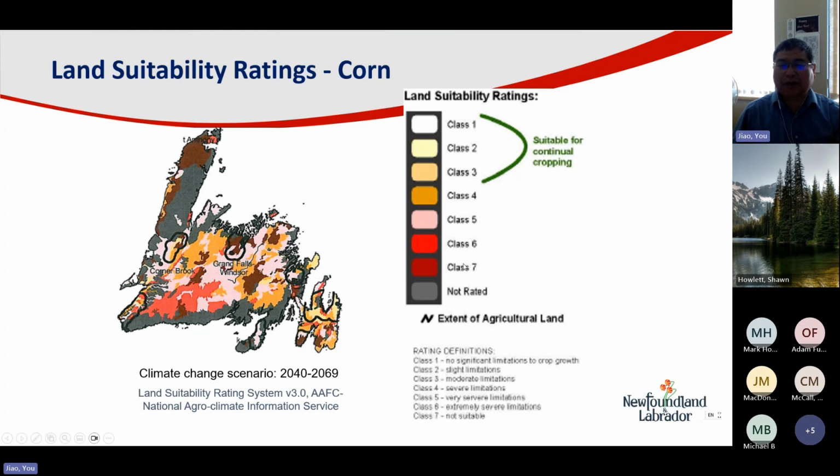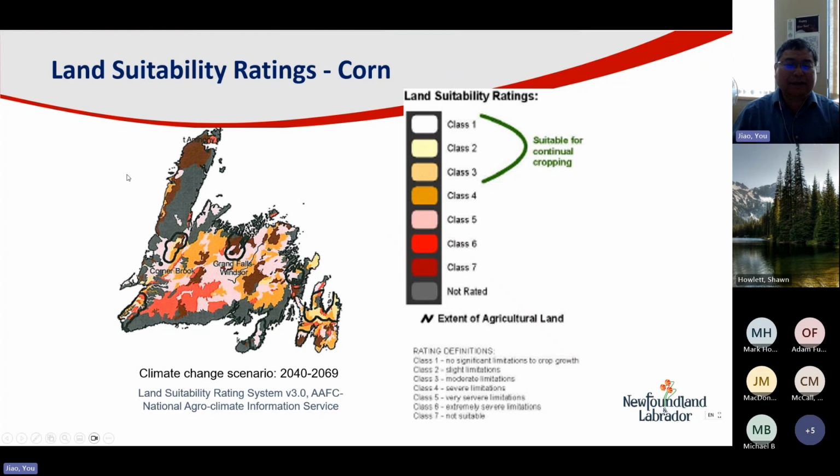So we have the land suitability rating system. That's the system the federal government uses across Canada. So every province uses the same ruler to measure how good our soil is, and classes 1, 2, 3 are considered suitable for continued crop. Classes 4, 5, 6, 7, the higher the number, the less suitable. Normally class 6 and class 7 are not suitable for the crop, because of either the topography, the rockiness, or the shallow soils.